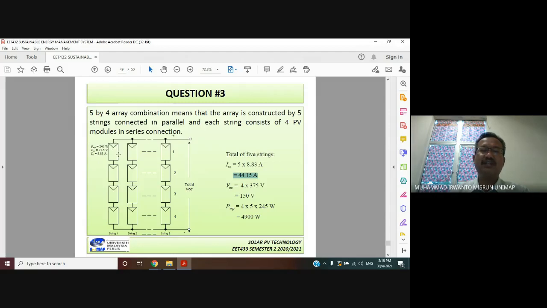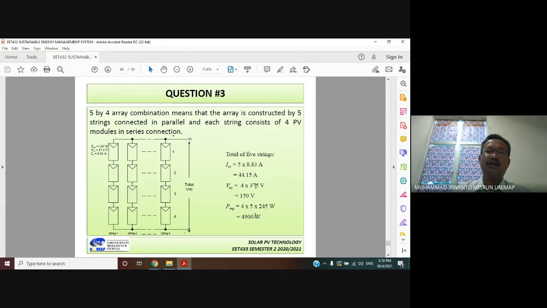Because in the string we have 4 PV modules connected together in series, and one PV module has an open circuit voltage of 37.5, we obtain the open circuit voltage here of 150 volt.